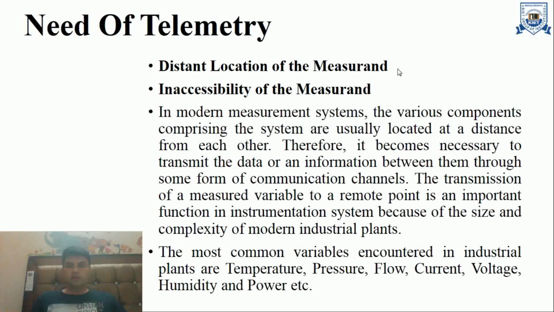The transmission of a measured variable to a remote point is an important function in an instrumentation system because of the size and complexity of modern industrial plants. The most common variables encountered in industrial plants are temperature, pressure, flow, current, voltage, volume, humidity, power, etc.